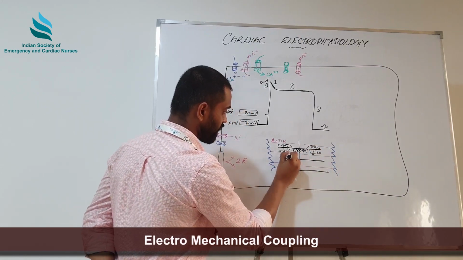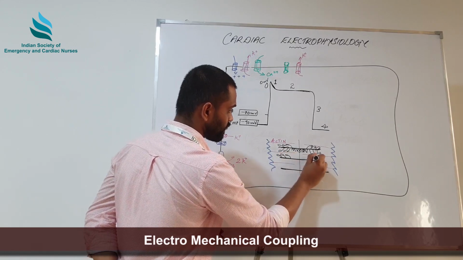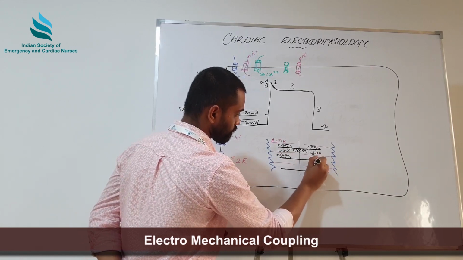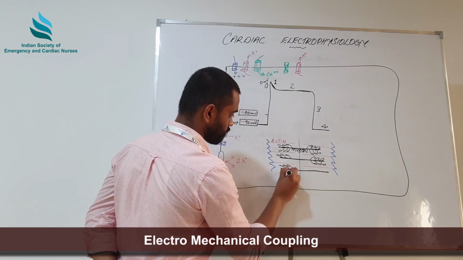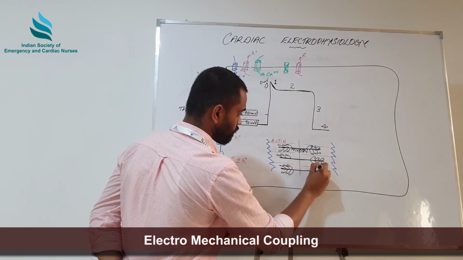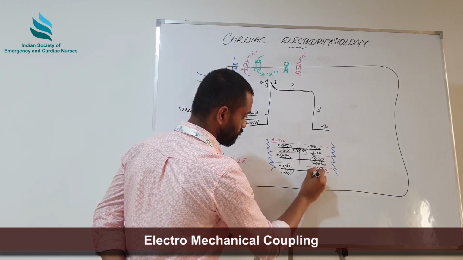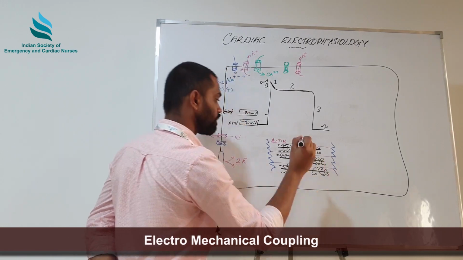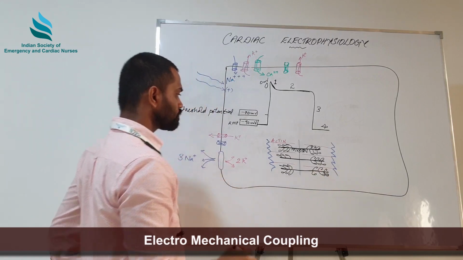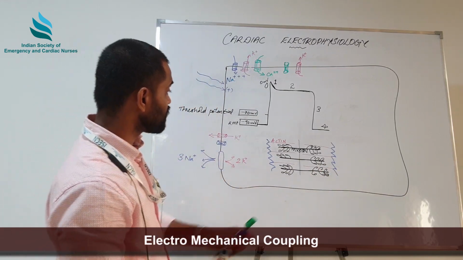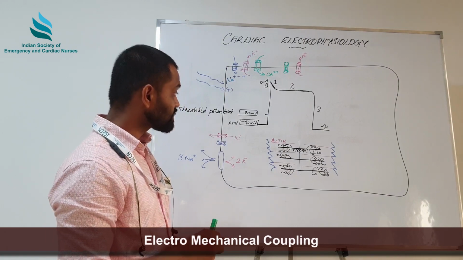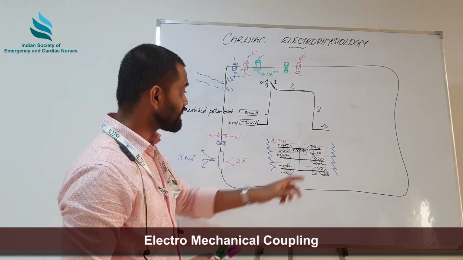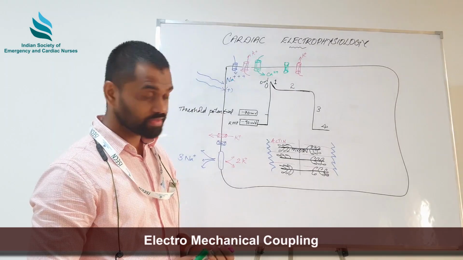So all of them will have heads like that. Now, the surface of the actin filaments have sites for the attachment of the myosin heads.